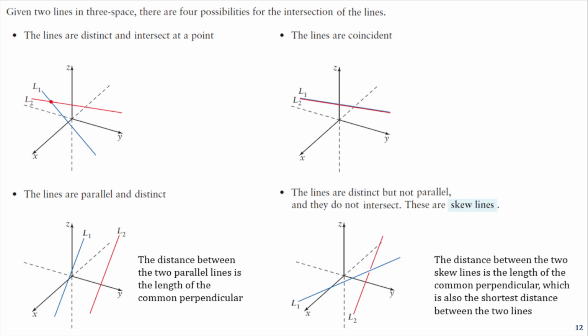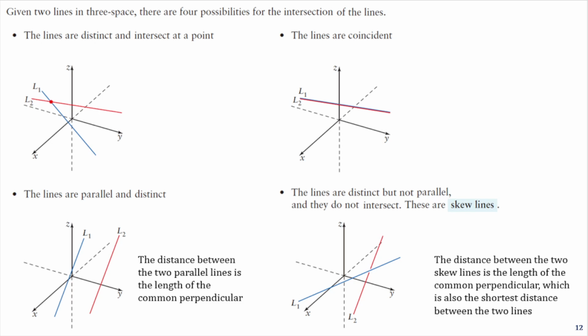First, the lines are distinct and intersect at a point, which is shown here in the figure at top left. Here, they have a unique point of intersection at this point here. And second, the two lines can be the same line, which means the lines are coincident.